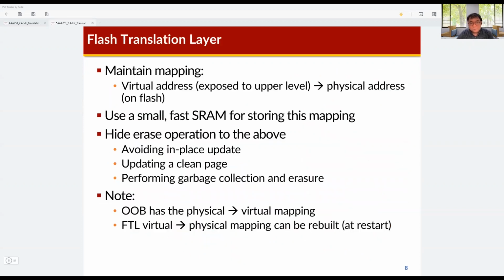So also, this is what I explained in the previous classes, like page mapping. The flash translation layer also performs the flash management functions like address translation, garbage collection, and wear leveling.